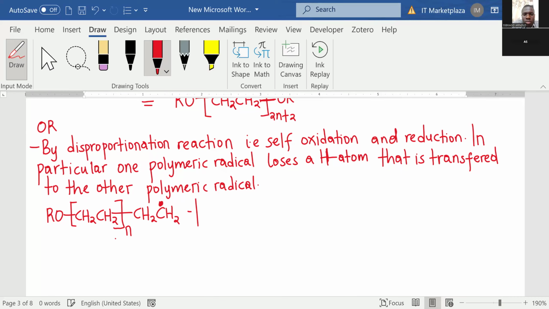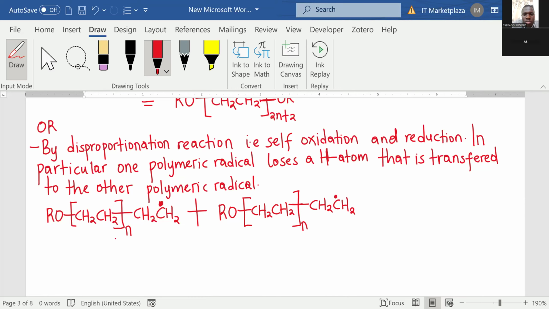Now this is combining with the RO, CH2, N, CH2 with a dot.